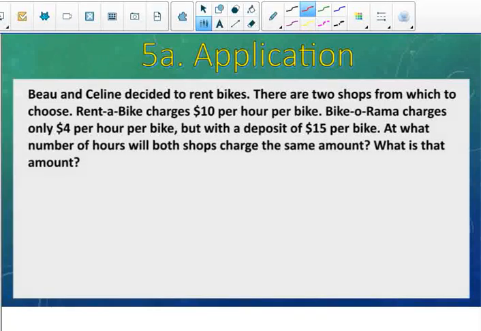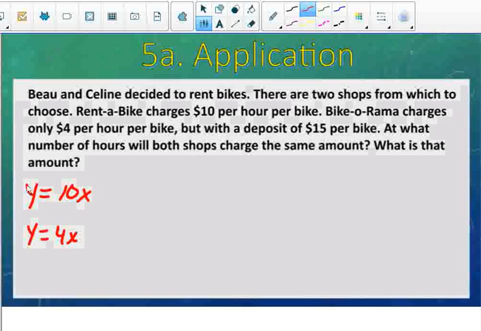So first off, we need our 2 equations. Rent a Bike charges $10 per hour. So y being your total cost and x being the number of hours. And then Bike-A-Rama charges $4 per hour per bike, but then they also have a $15 fee per bike.